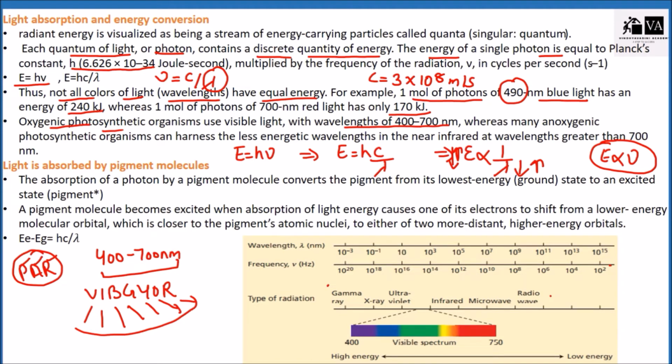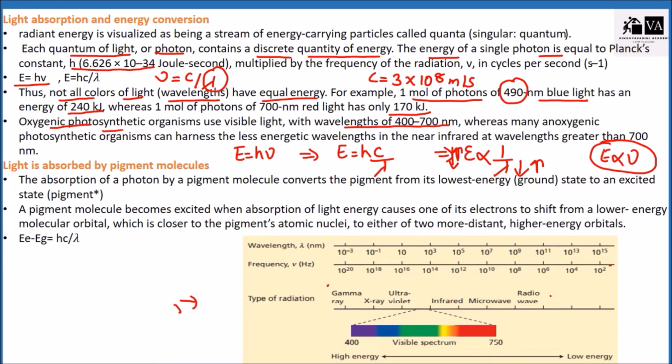Right? So what happens when a pigment molecule absorbs the energy of a photon? So let's see, it is a pigment molecule. It is present in its ground state. When a photon of energy falls on the surface of the pigment molecule, it will shift from its lower energy molecular orbital to a higher energy one.